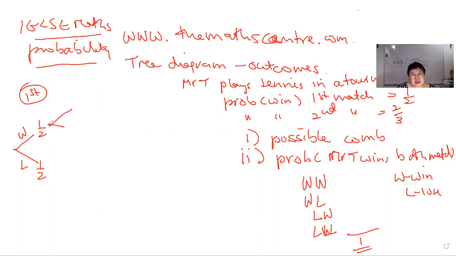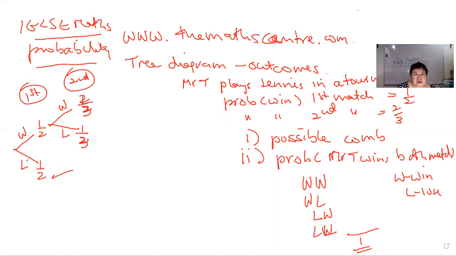Now in the second game, again you have the probability of winning or losing. Sorry, my bad. The probability of winning in the second game is 2/3, so the probability of losing in the second match is 1/3.